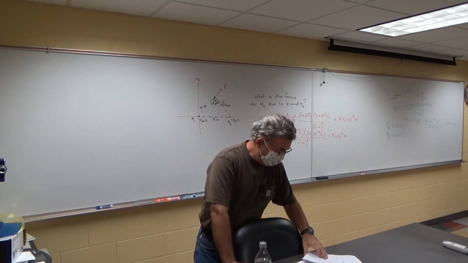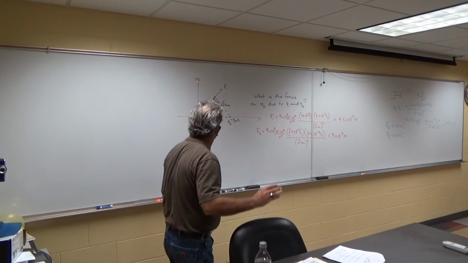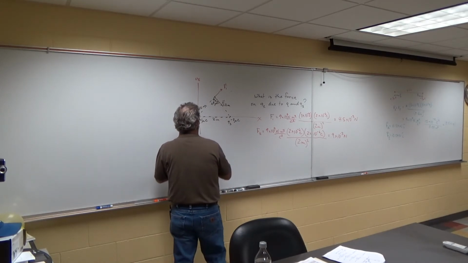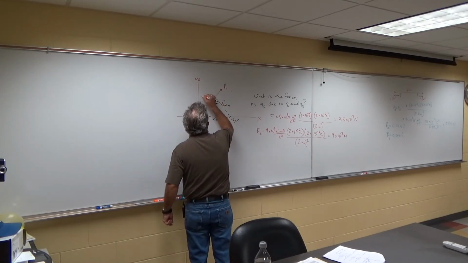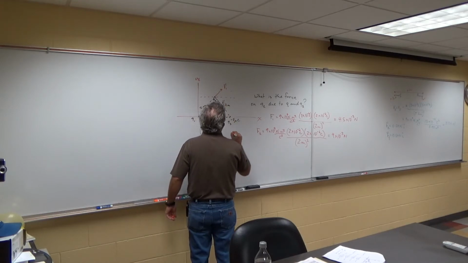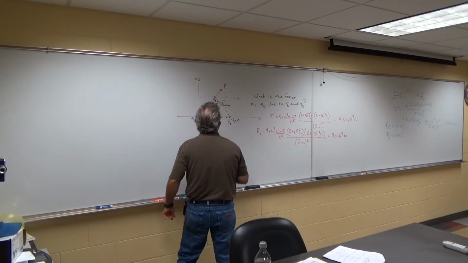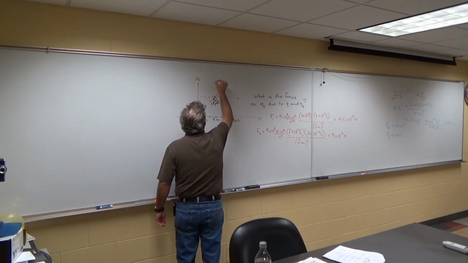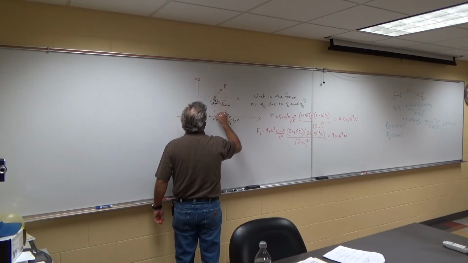So now I have to break this up into components. So I'm going to put a little x. Here's the x-axis. Okay. I'm going to put a little coordinate system up here. All right.